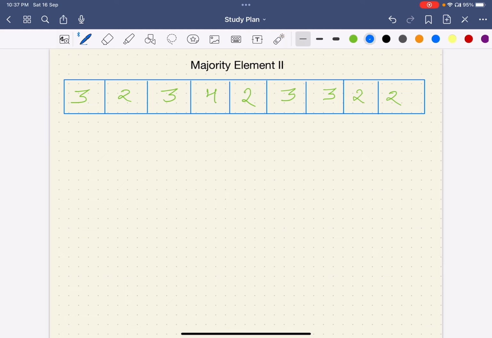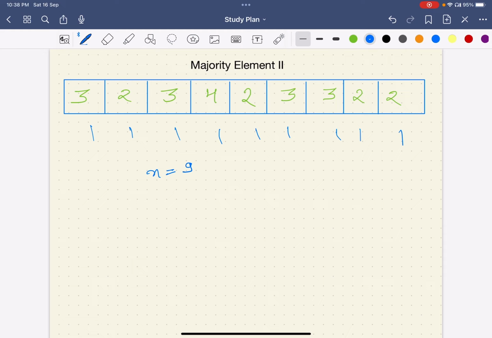To solve this problem, let's take one example. In this example, the length of this array is 1, 2, 3, 4, 5, 6, 7, 8, 9. So the length of the array is 9.